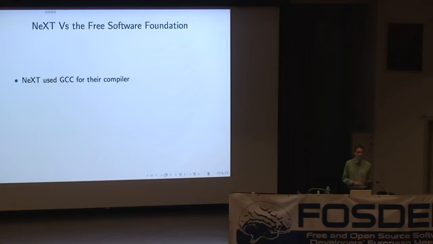NeXT took the GNU Compiler Collection, and they added an Objective-C front end. And they tried to work around the GPL by releasing it as a shared library, which GCC would then load. And they thought, yeah, we don't have to release the source, we can keep it proprietary, and that's great for our commercial interests, because having an Objective-C compiler gives us a massive competitive advantage.